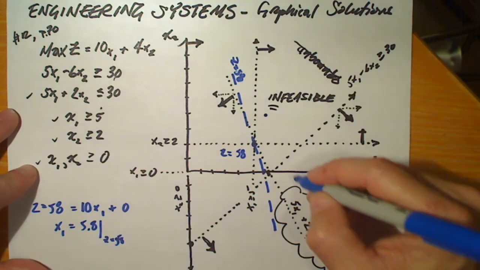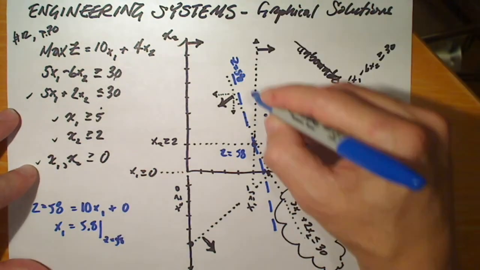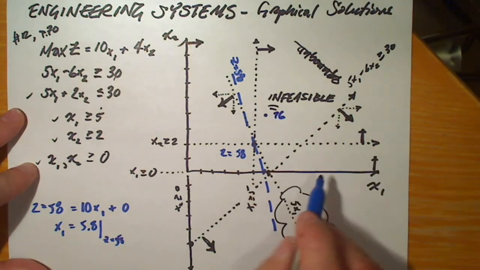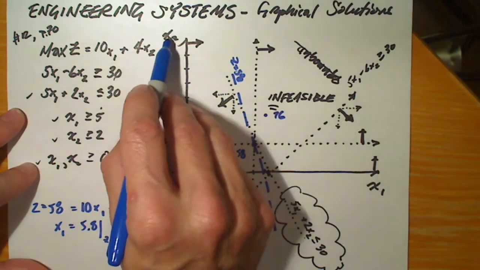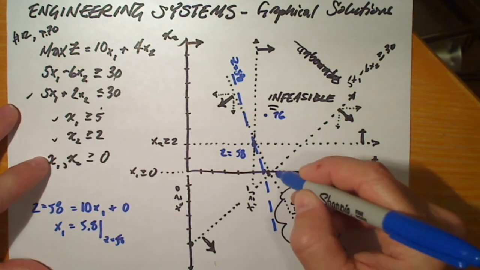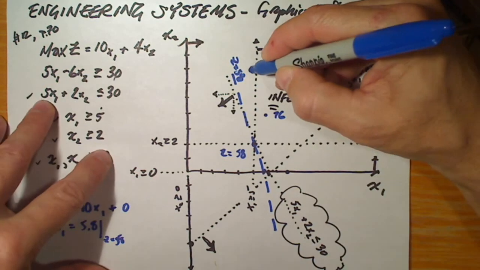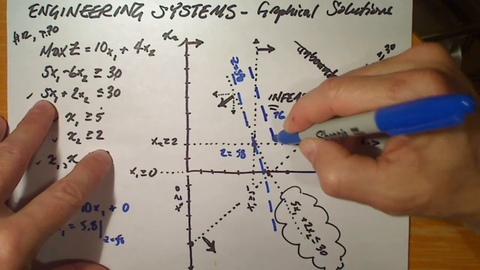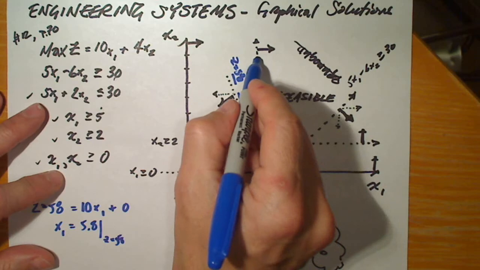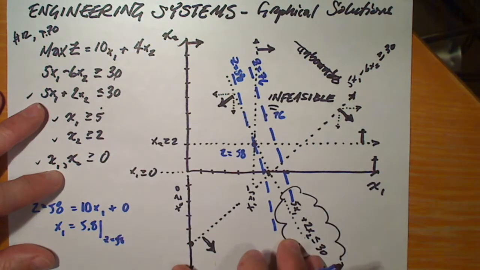And we might ask ourselves, what are all the combinations of x1 and x2 that result in z equals 76? Again, let's choose x2 equal to 0, and we will find that x1 must be 7.6. And where does that show up? Right about here. Because this is a linear problem, all of our isometric z lines, this one, z equals 76, will be parallel to one another.